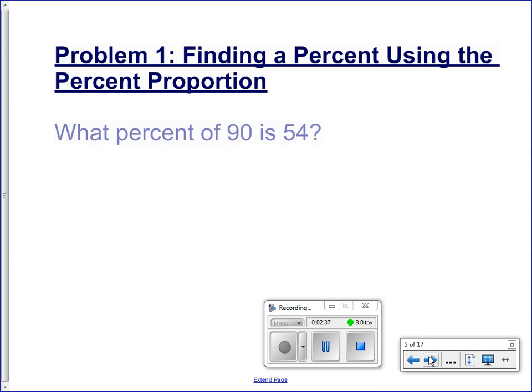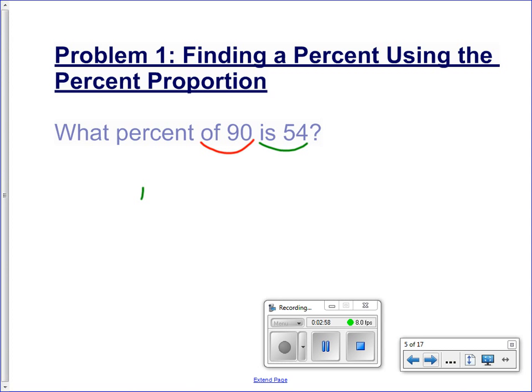All right, so let's try it with this problem. Finding a percent using the percent proportion. What percent of 90 is 54? All right, well, let's notice what goes together. We have of 90 and is 54.